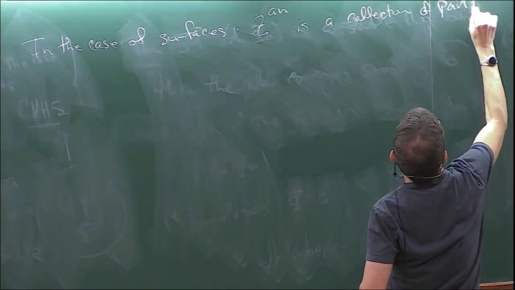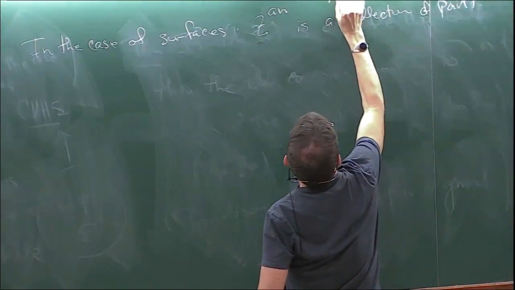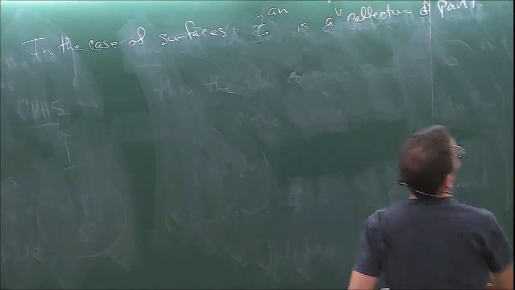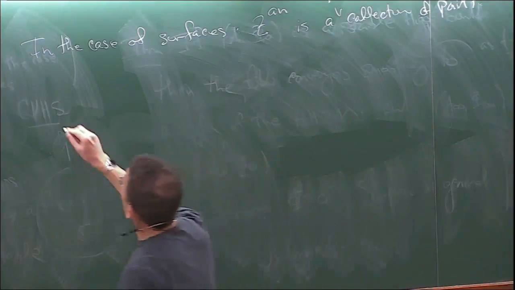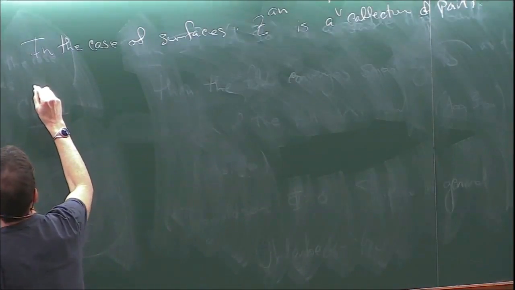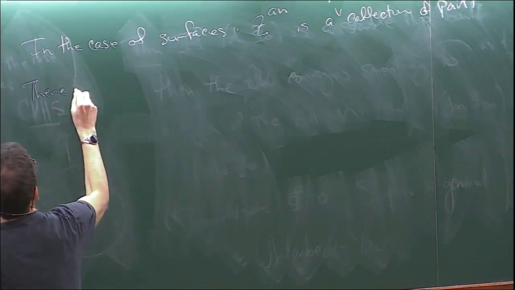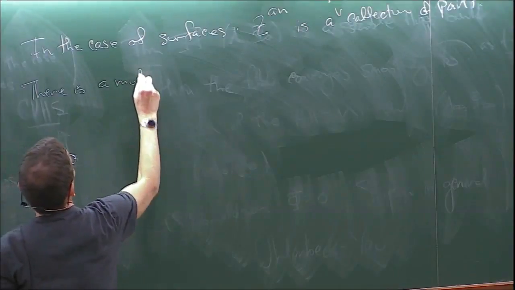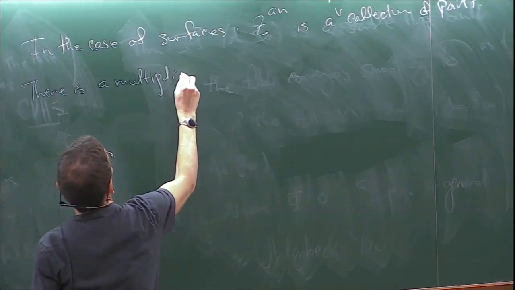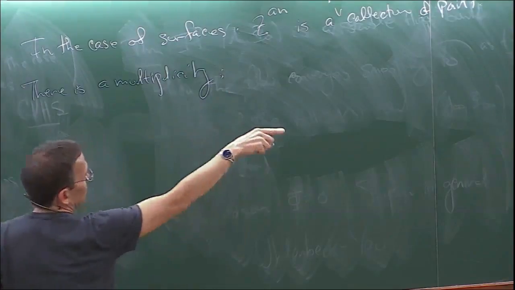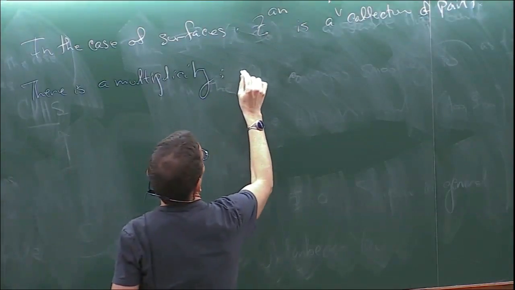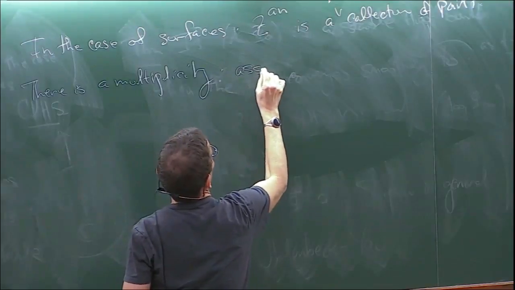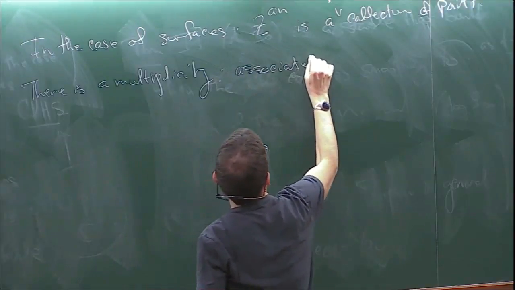It's got finite Hausdorff codimension 4. So on a complex surface, this is just a finite collection of points. And in fact, there's a multiplicity. So this is all Uhlenbeck stuff, right? It's a strengthening of this theorem over here, but this is all due to Uhlenbeck. There's a multiplicity associated to the points in here.